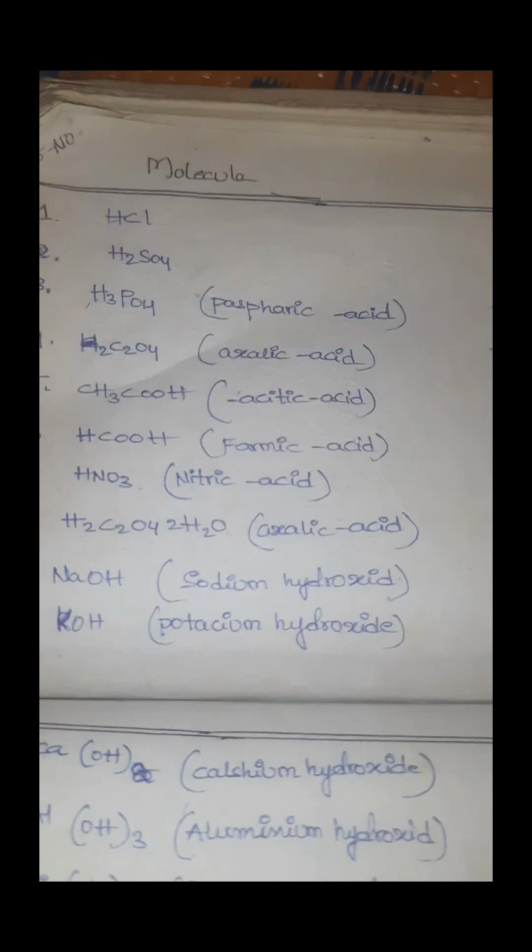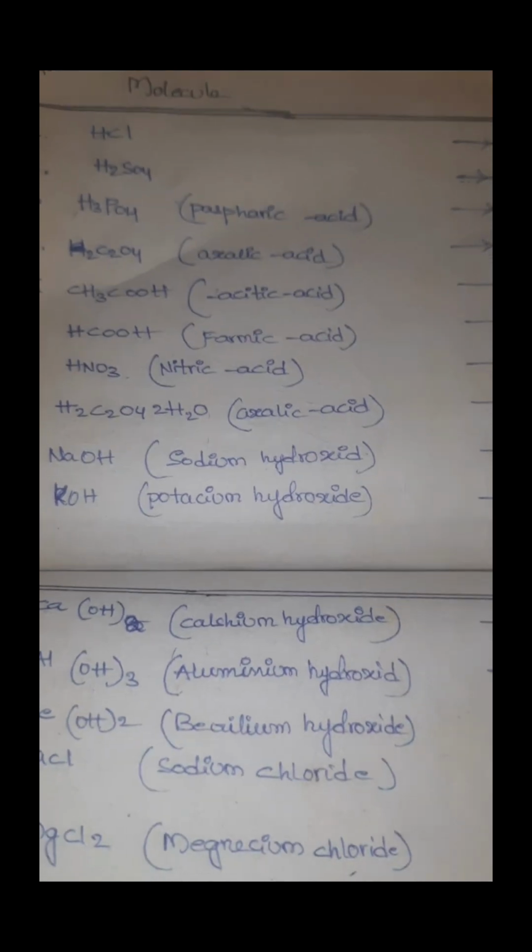We move on to the next paper. Here some compounds are given: HCl, H2SO4, phosphoric acid, oxalic acid, acetic acid, formic acid, nitric acid, sodium hydroxide, potassium hydroxide, calcium hydroxide, aluminum hydroxide, beryllium hydroxide, sodium chloride, magnesium chloride, calcium chloride, aluminum chloride, beryllium chloride, carbon dioxide, sulfur dioxide, sulfur trioxide.